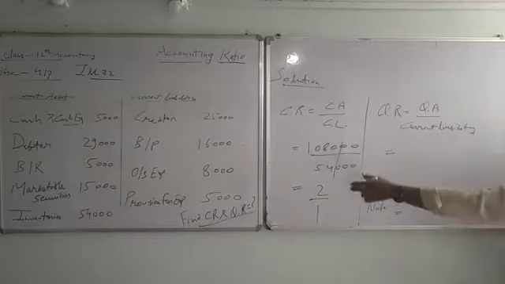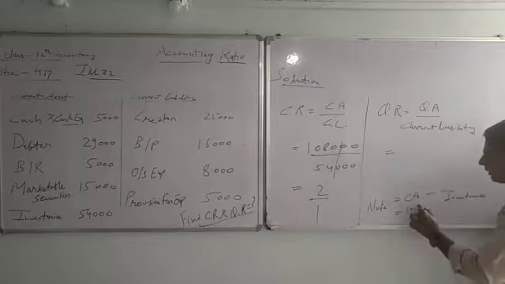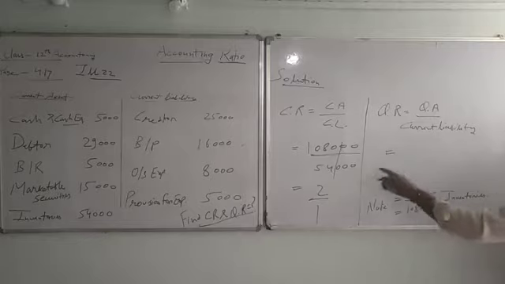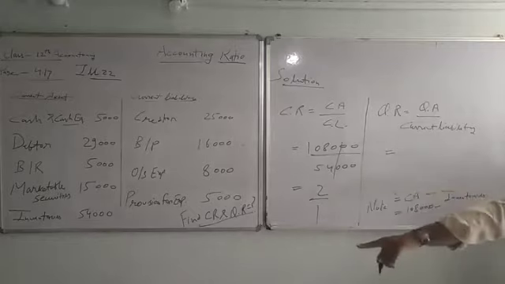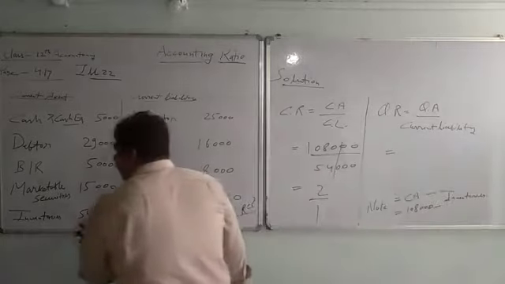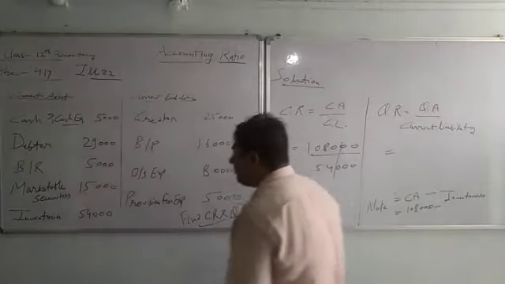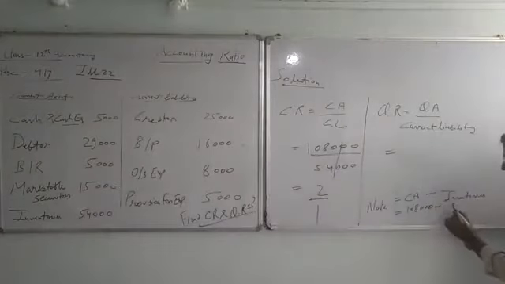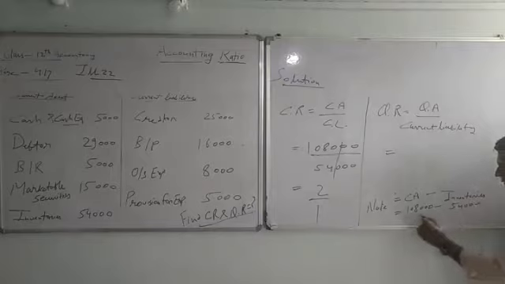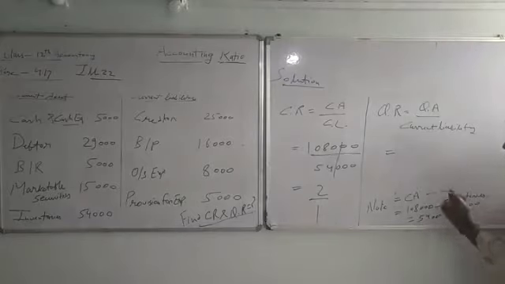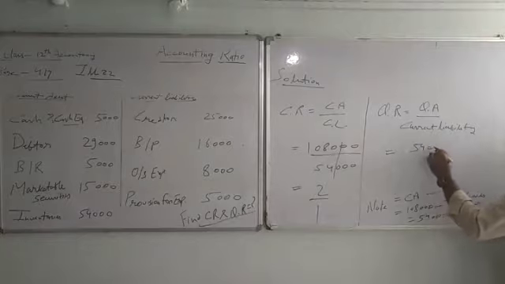Current asset how much? 1,08,000 minus inventory 54,000. So how much does it come? 54,000. Can I write here? Quick asset 54,000 divided by current liability.